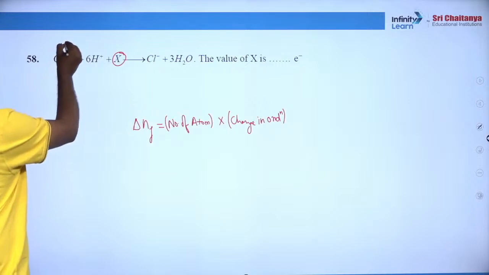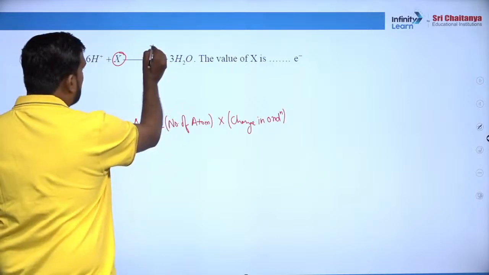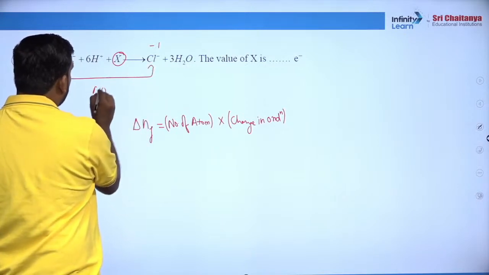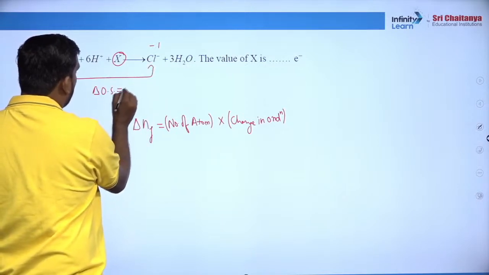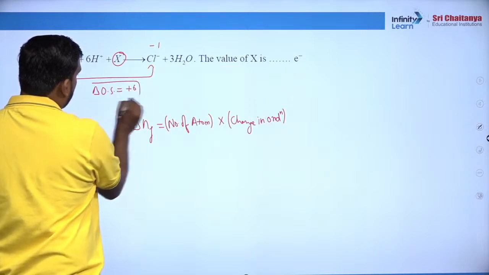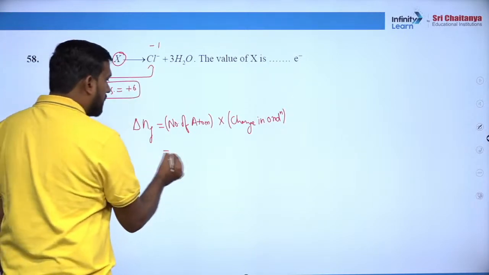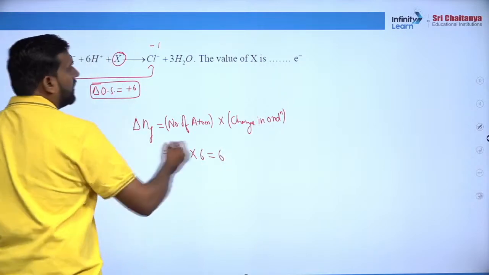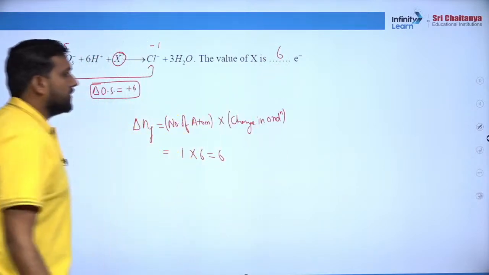Here chlorine is in +5 oxidation state, and here chlorine is in -1 oxidation state. So the change in oxidation state is 6, so it will be 1 into 6. The correct answer will be 6, so the answer comes out to be 6 electrons.